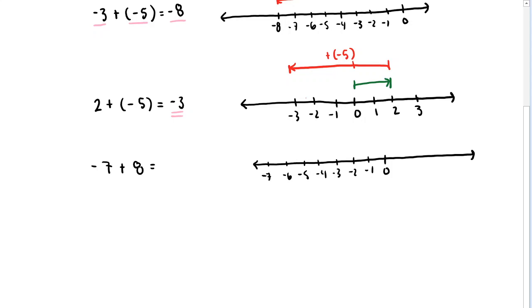Okay, so here, -7, that's going to start me off 7 units to the left of this number line. And then adding on 8, well, that's going to shift me right 8 units on this number line, right? We said adding a positive number moves us right, adding a negative number moves us left. Well, adding 8 units, I'm going to add the 7 units and then 1 more. And I'm going to end up at +1. And if I have $7 of debt, I have $8, well, I could pay it all off and I'd still have $1 left over.